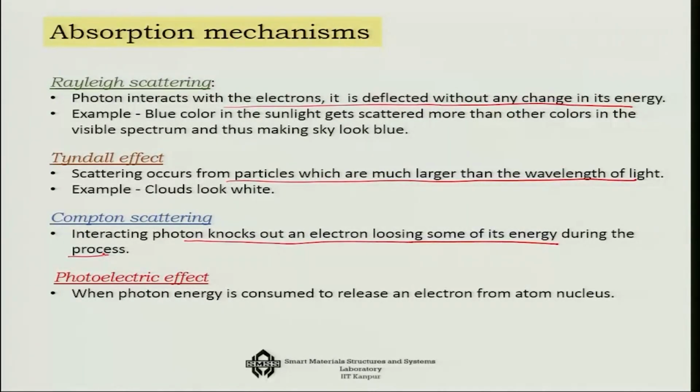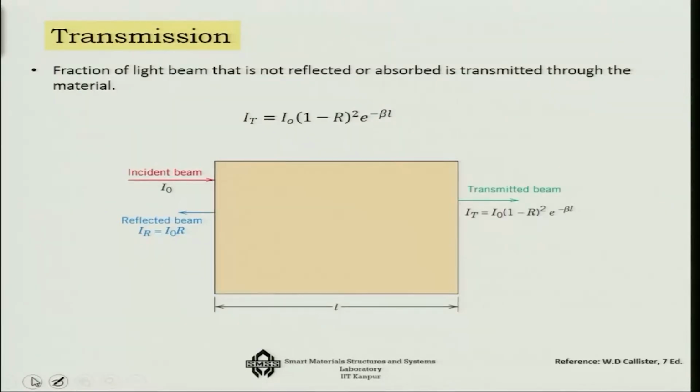In the Compton scattering, the photon during the impact loses some of its energy and then the scattering takes place. And then the photoelectric effect, when photon energy is consumed to release an electron from the atom. This is the famous effect for which Einstein got his Nobel Prize. So, there are such various mechanisms of absorption of light: Rayleigh scattering, Tyndall effect, Compton scattering and photoelectric effect.